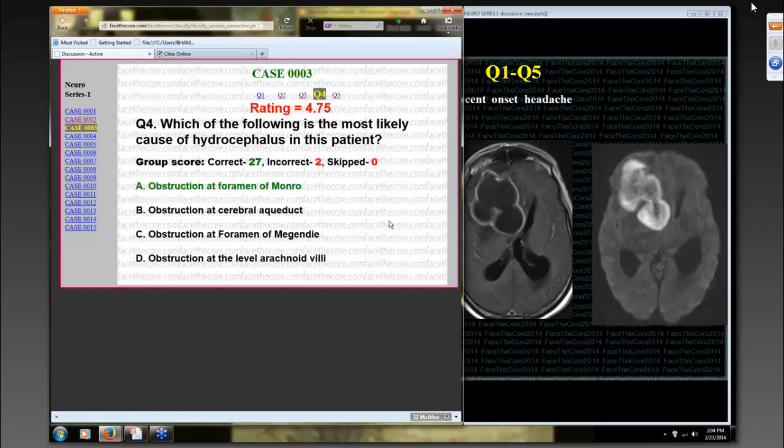And in question number 4, in this case you can see that there is a developing hydrocephalus with enlargement of the left lateral ventricle. There is an obstruction of the ventricular system right at the level of the right foramen of Monro. And a lot of lesions at the foramen of Monro can produce obstructive hydrocephalus.